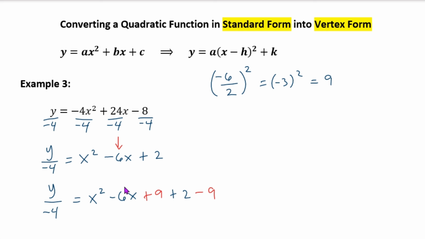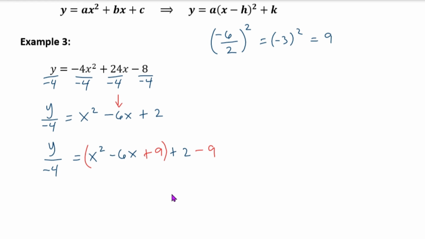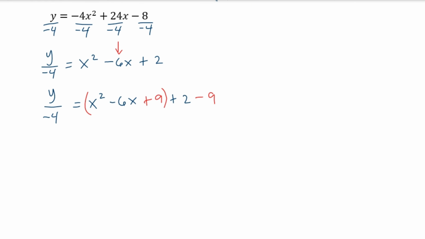And if you look at the first three terms, again, we have a perfect square trinomial, which we can write as a square of a binomial. So we have y over negative 4 equals the square of x minus 3 squared minus 7.